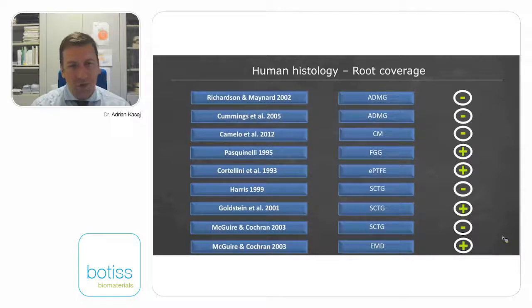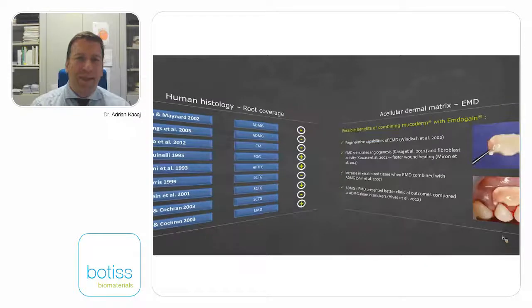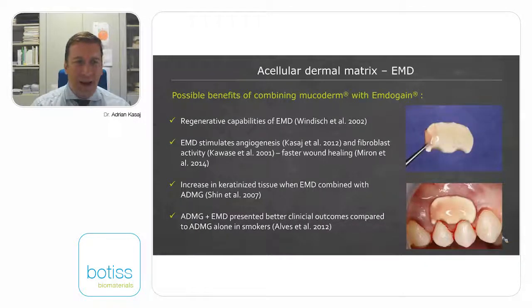So there was some new cementum, periodontal ligament fibers, and also some islands of bone regeneration. So it might be beneficial to combine Emdogain with the mucoderm matrix.